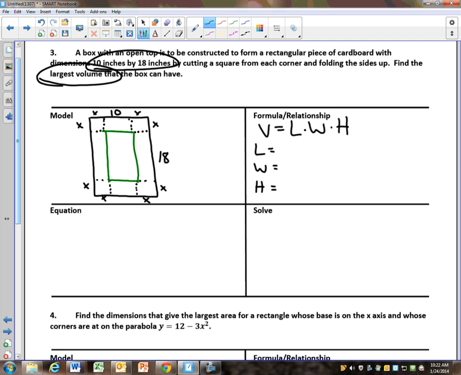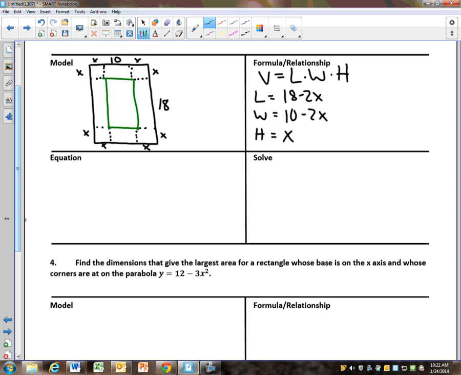Can you tell me what is the length of this box going to be when I fold it up? (18 minus 2x). Everybody see where I get the 2x? What is the width? 10 minus 2x. The height is x. So, I do have an equation, a function for volume in terms of which variable?